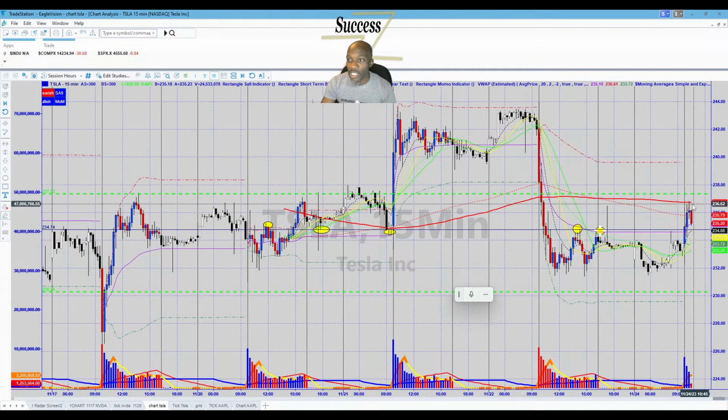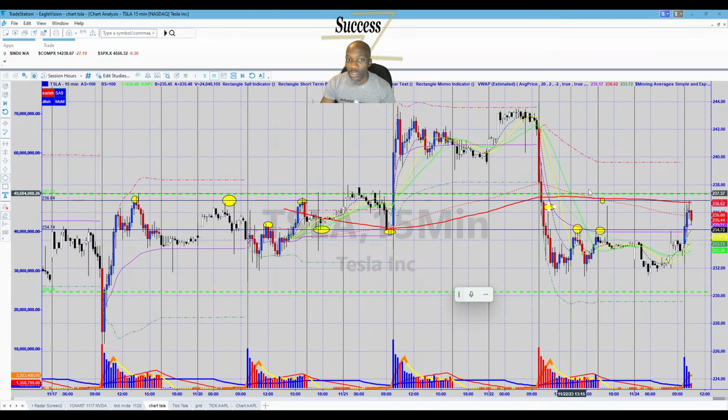It came up, reached 237, not quite. It fell below this level that we're talking about, right? Because there's the touch, there's the touch, there's the touch. And then in this general area here, you got those. So it's a zone. It's not a price level. And technically, it did hit that zone and then retrace.